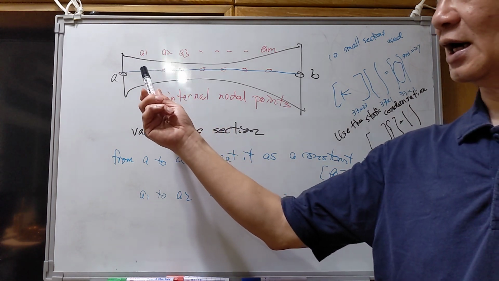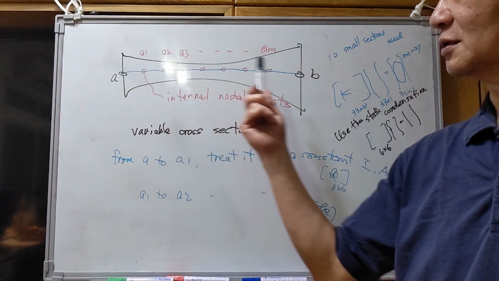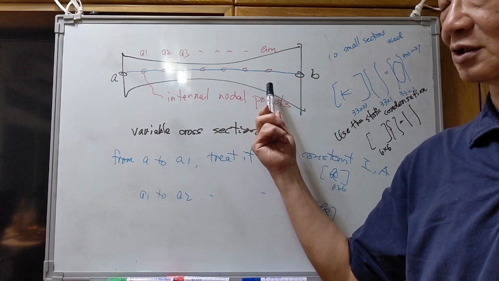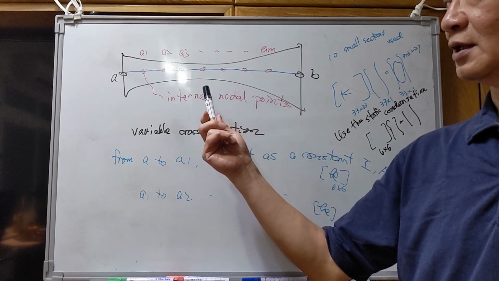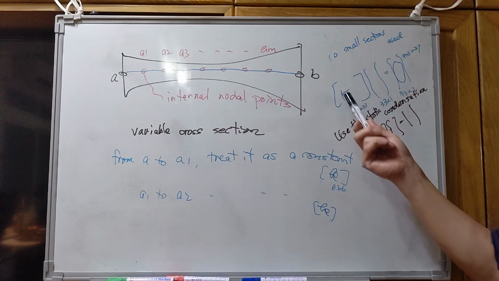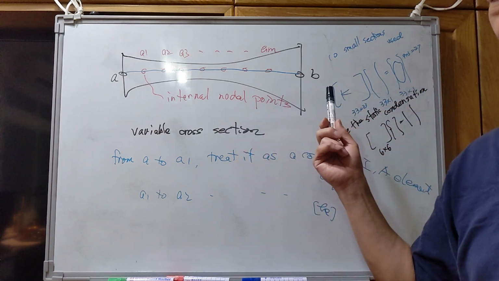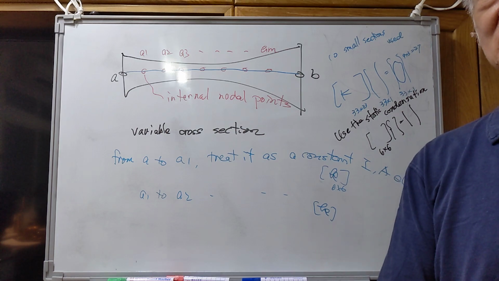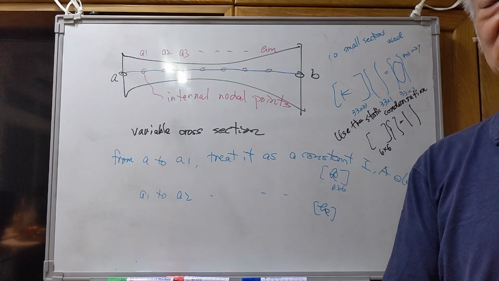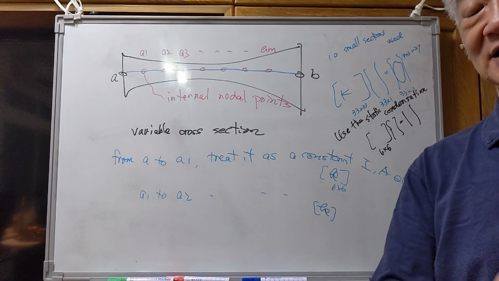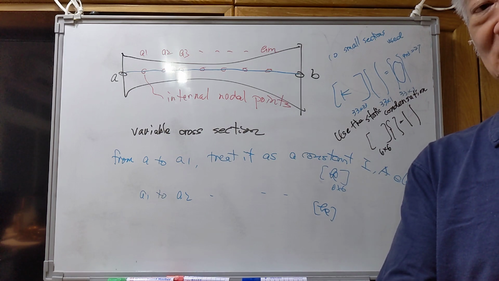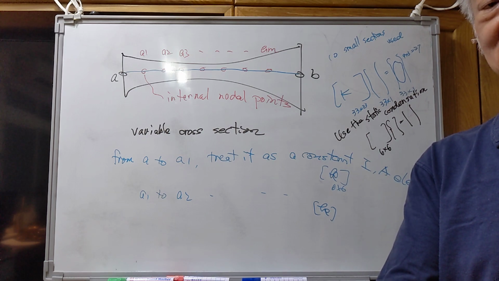But after we solve the nodal displacements at A and B, we need to go back to the original 27 equations, the eliminated equations.